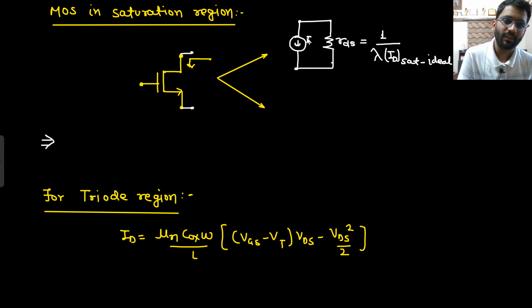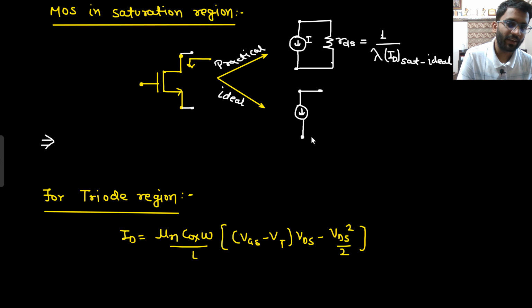Current source, constant current source. This is for the practical scenario. And for the ideal scenario, it will simply be replaced with the current source only.